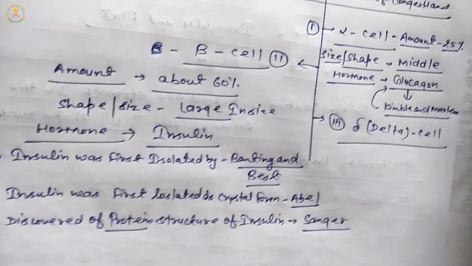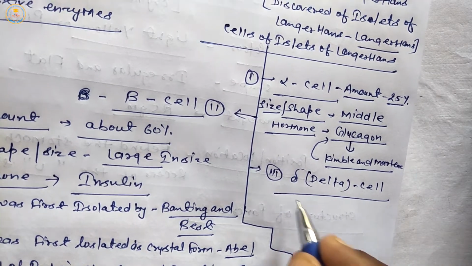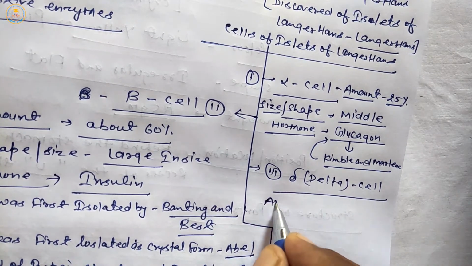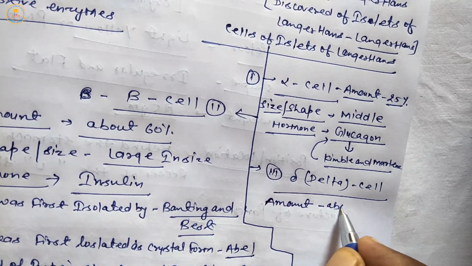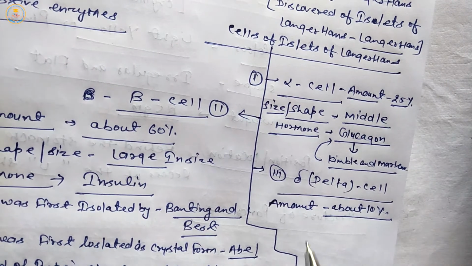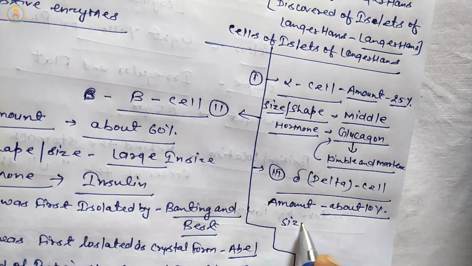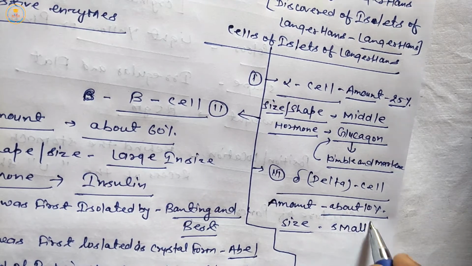Next is delta cell. First is the amount: delta cells are about 10% in islet of Langerhans. Next, it is small in size.